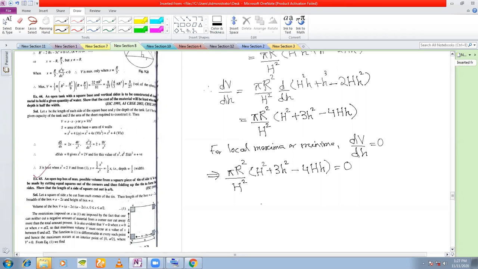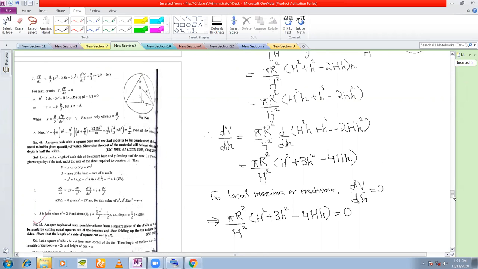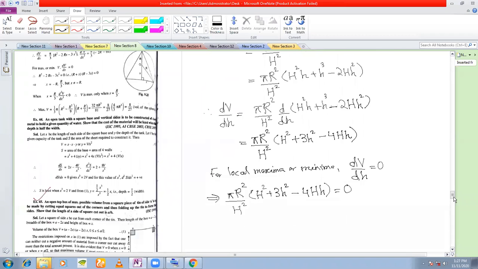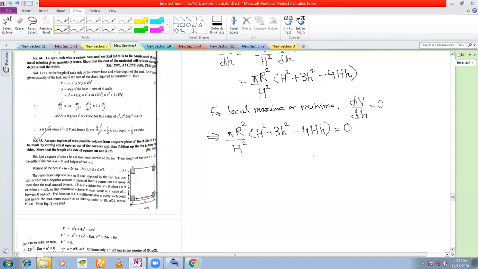Okay. And therefore, from this we'll get a relation between small h and capital H. That means we are getting h square plus 3h square minus 4hH is equal to 0.